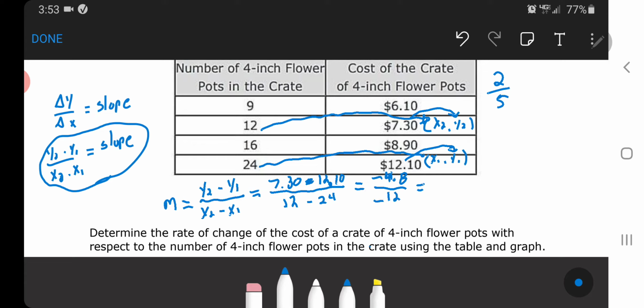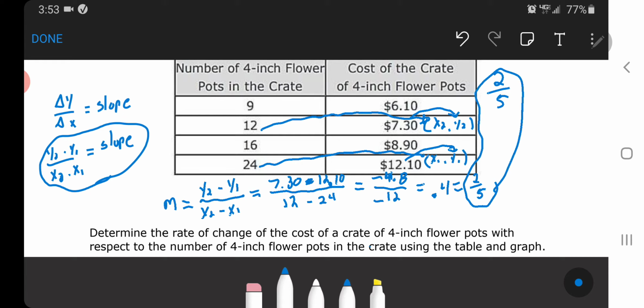Then let's take negative 4.8 and divide it by negative 12, and we'll find that we get 0.4. AKA, if we convert it to a fraction, we get 2/5. So notice, it didn't matter what I chose, I still got the same slope of 2/5.